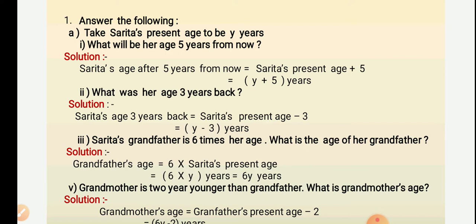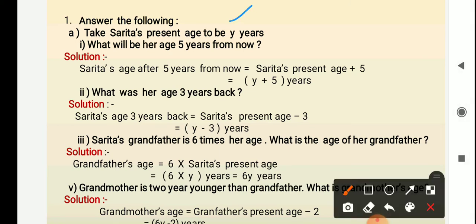See students, here we have to consider Sarita's present age to be Y years, and from this we have to find different ages. So the first question related to it: what will be her age 5 years from now? It means we have to find out what Sarita's age will be after 5 years. So to find the age after 5 years, we have to add 5 to Sarita's present age.